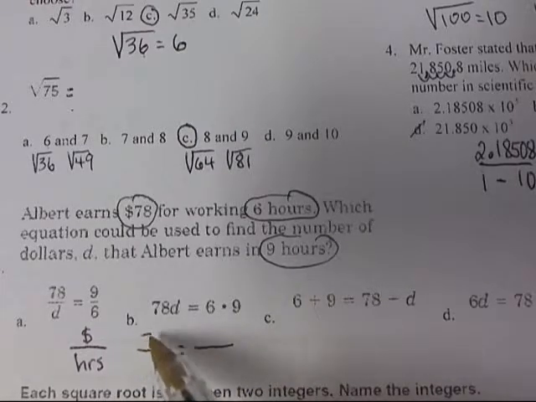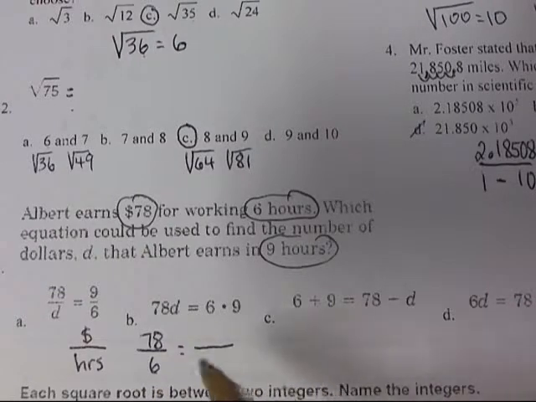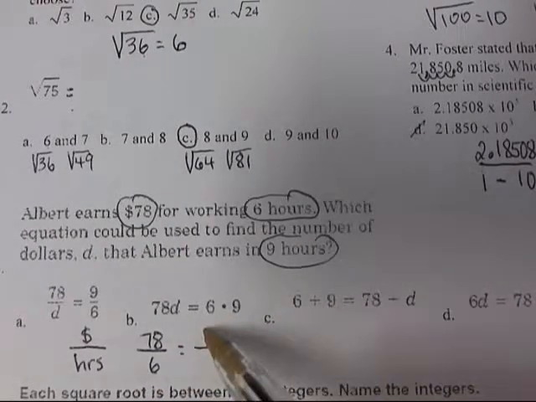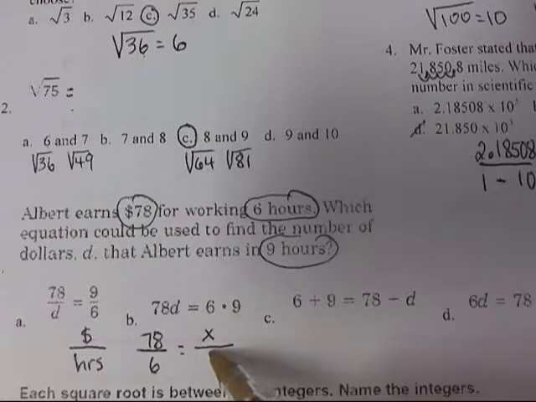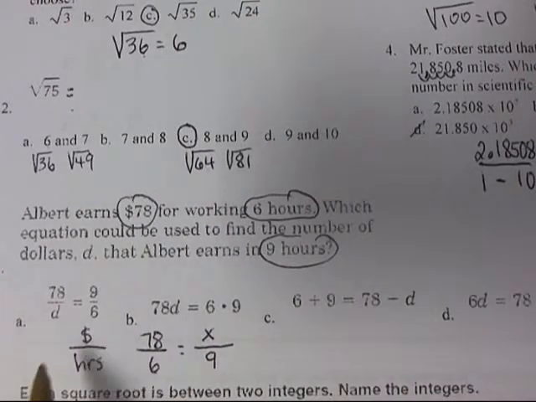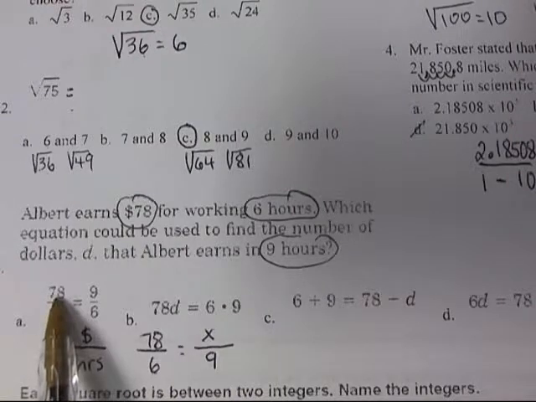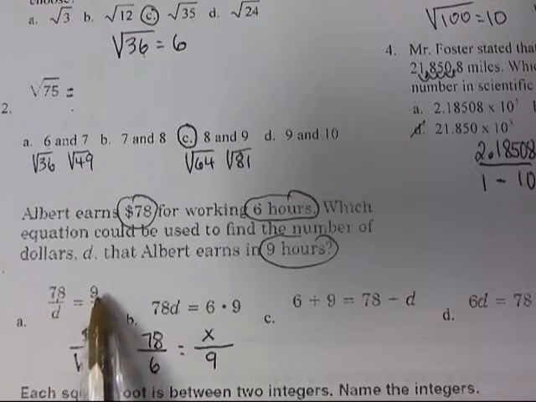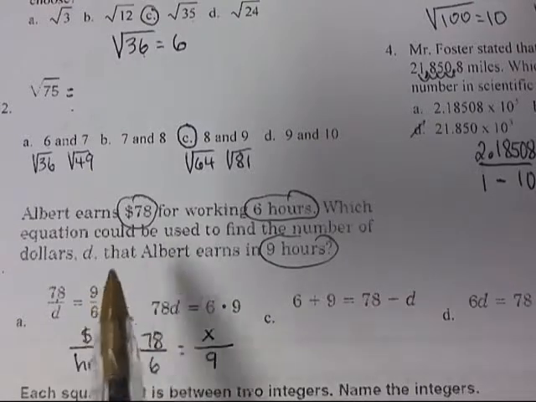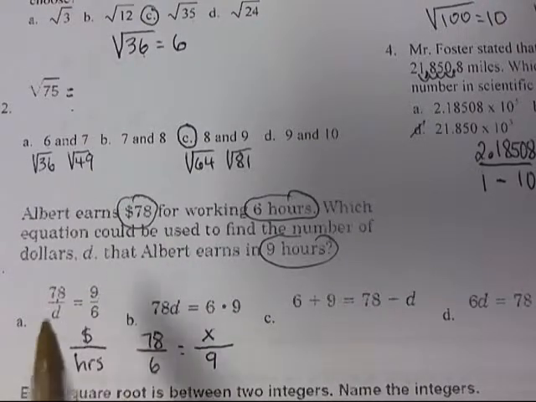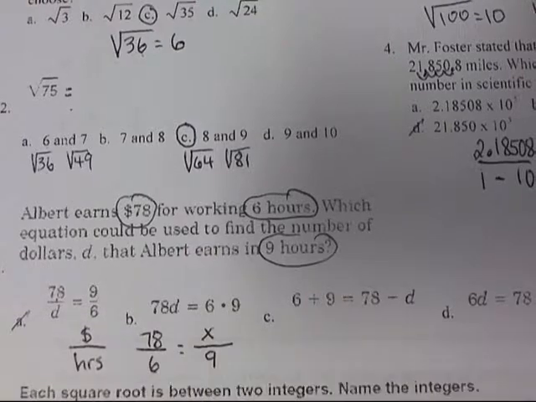So $78 in 6 hours equals how much money in 9 hours? Well, look at answer choice A. We can't use money as our numerator in the proportion and then switch it to hours in the next ratio. So answer choice A can't be correct because the units are different in each ratio.